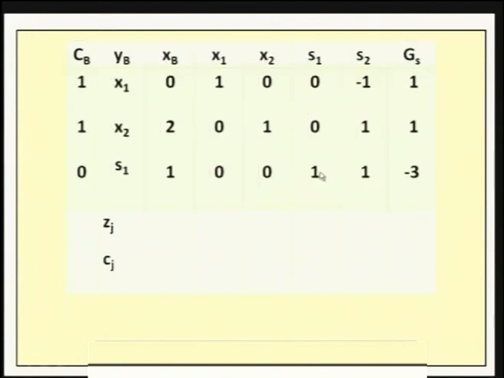See, here the pivot element becomes 1, and the remaining elements in that column are 0. Now, we have to check the optimal solution for this problem with the help of the dual simplex method. Since x1 is in the basis, no need to compute the Zj minus Cj value for this one, and x2 is in the basis and S1 is in the basis.